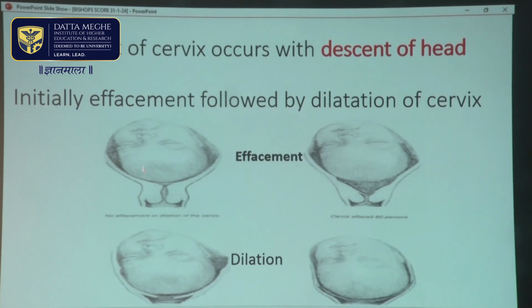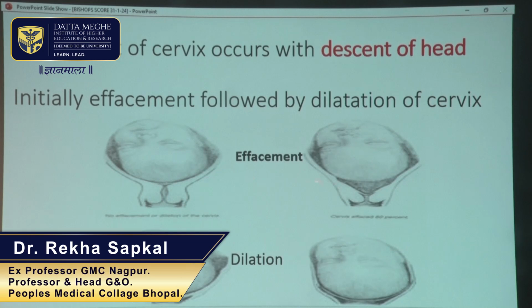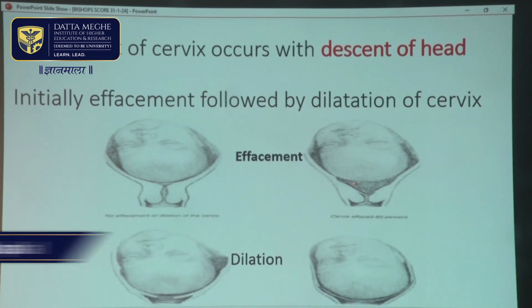If this photograph is of effacement, this is an uneffaced cervix and here effacement has started. So it is the internal os which has opened. This is known as effacement of the cervix. Here the cervix is already effaced. Next, there is dilatation of the external os due to the descent of the head.